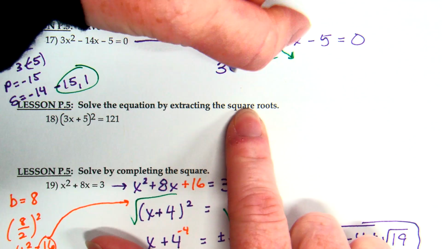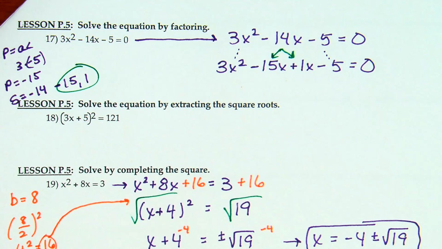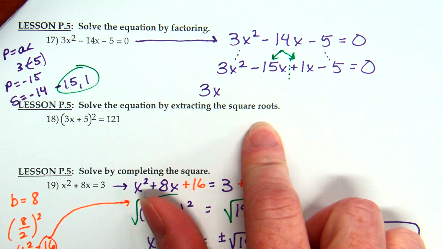4 terms, so we're going to split it in half. GCF of the first two: 3x squared and 15x both divide by 3x. So then I'm left with x minus 5. GCF of x minus 5: there's nothing, but there's always an invisible 1.